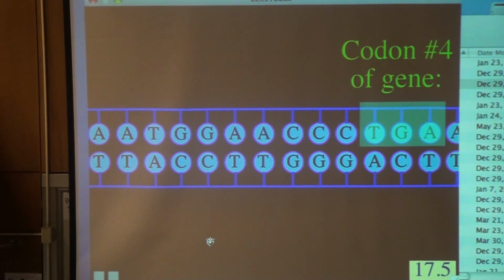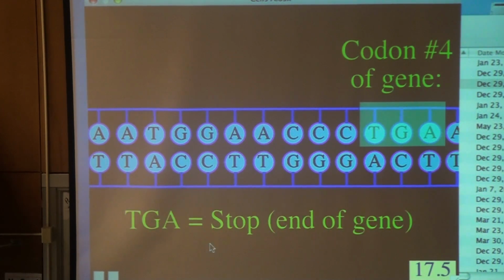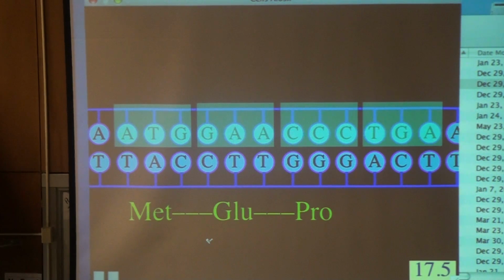Sound good so far? All right, now, oh yeah, the TGA is the stop codon. And so there are the 4 codons and the 3 amino acid protein that's encoded by this particular gene as written in its codons.